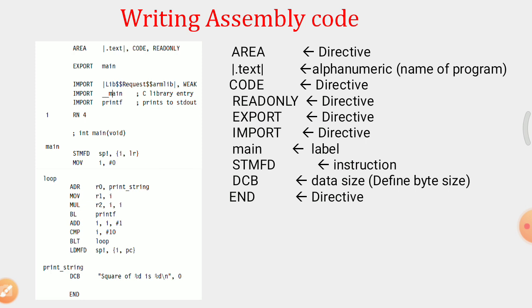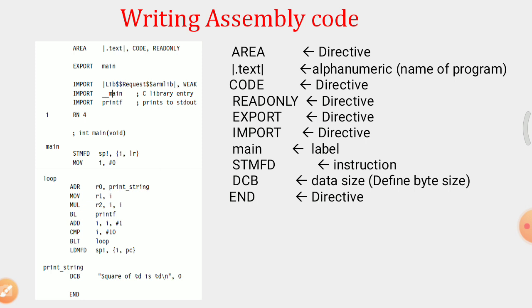Next we have IMPORT. IMPORT is also a directive. Here we have imported an ARM library. We have imported __main, which is a C library entry, and one more import, printf. printf is also a stdio function from the C program.